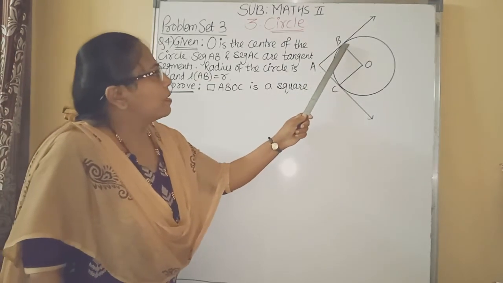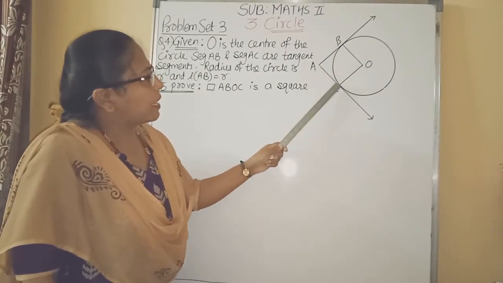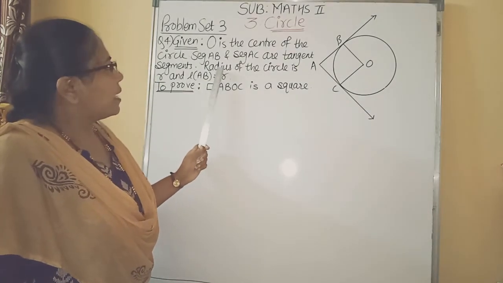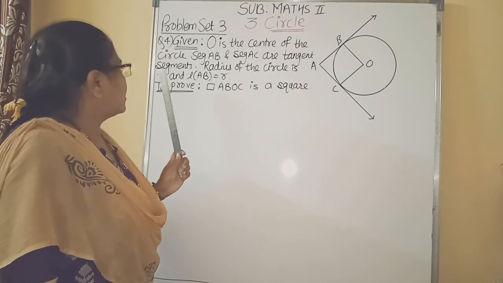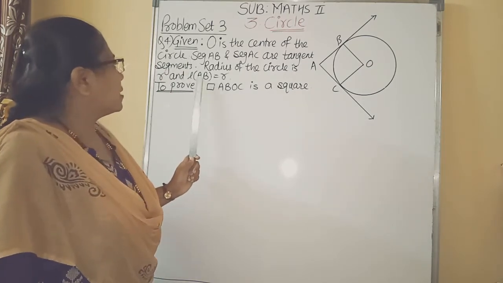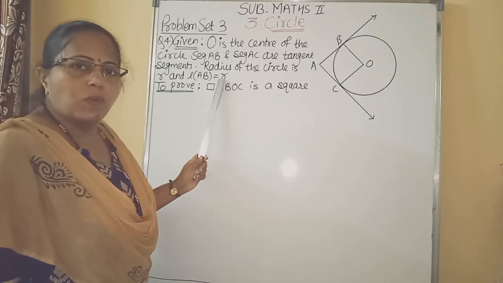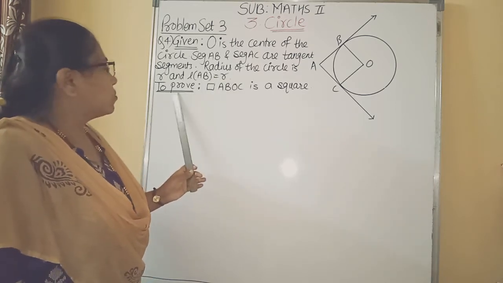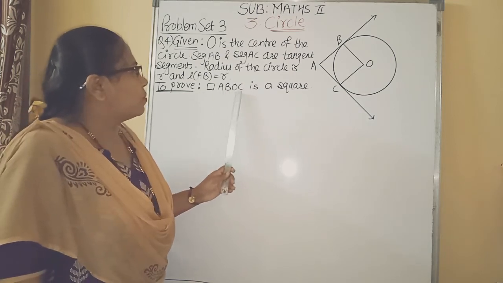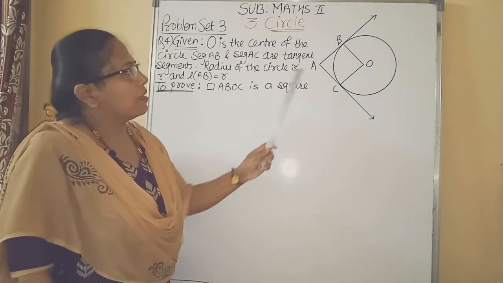Radius of the circle is R, and length AB is also equal to R. So we have to prove quadrilateral ABOC is a square.